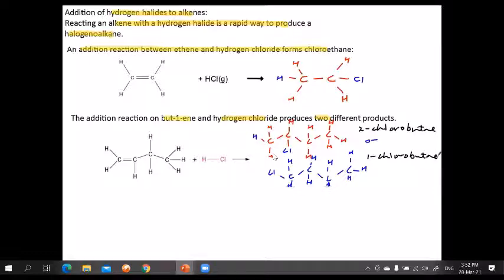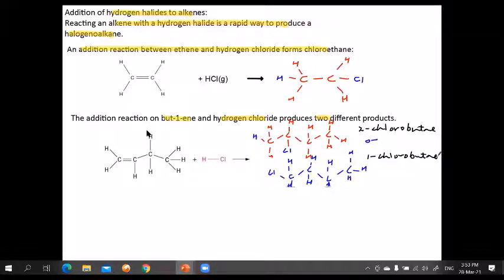That will be in topic 20 for HL students. But for everyone, SL and HL, for now, for topic 10, all you need to know is that when you add a hydrogen halide to an unsymmetrical alkene like this one, you will usually get 2 possible different products. And they want you to be able to estimate and draw out what they would be, okay?